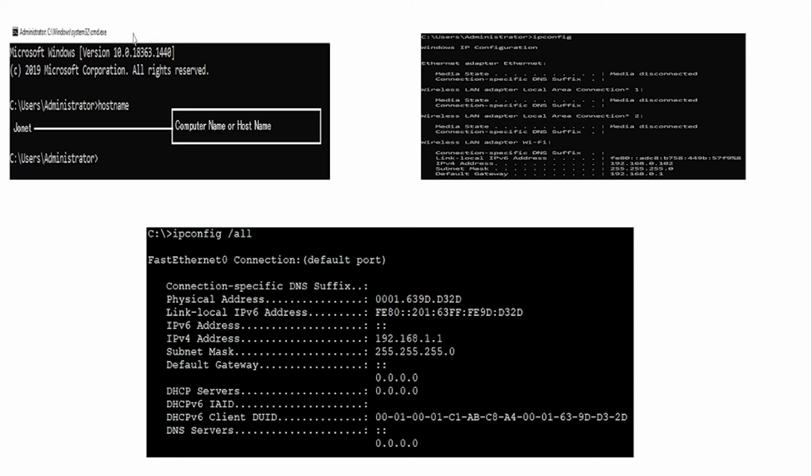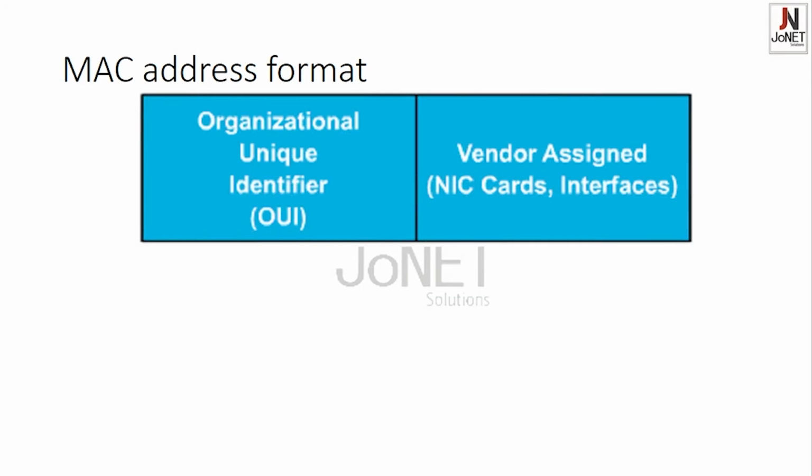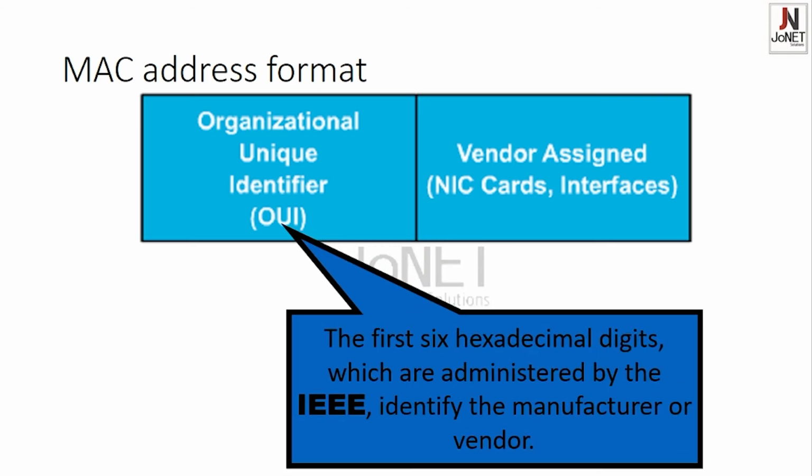Whenever the Ethernet is manufactured, this 48-bit hexadecimal value will be represented. This is a permanent address. We won't be able to change it. The MAC address format: the first 3 bytes will represent your OUI, and the remaining 3 bytes will represent your vendor code.